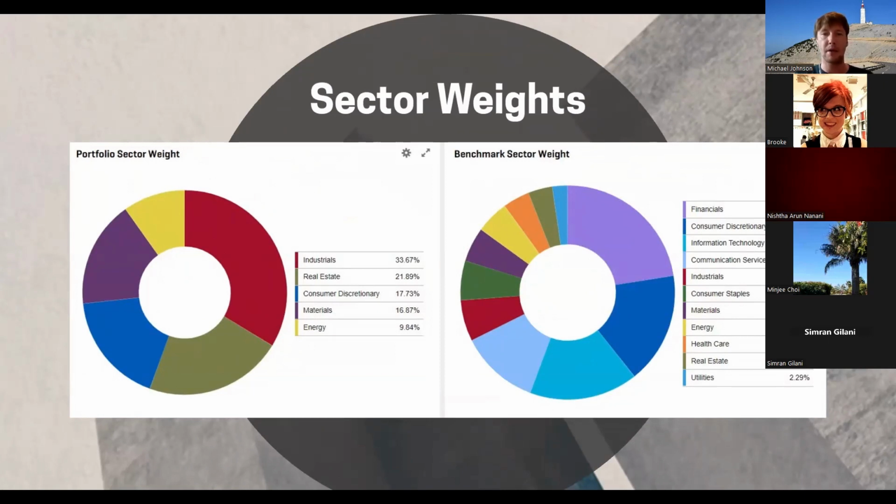So own companies from industrials, real estate, consumer discretionary, materials, energy, financials, information technology, communication services, consumer staples, healthcare, utilities, and energy.